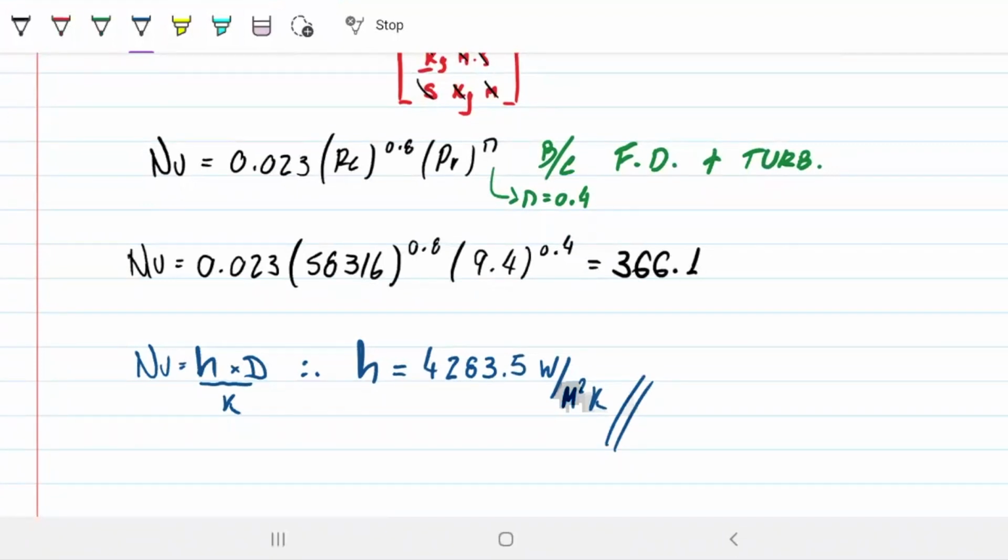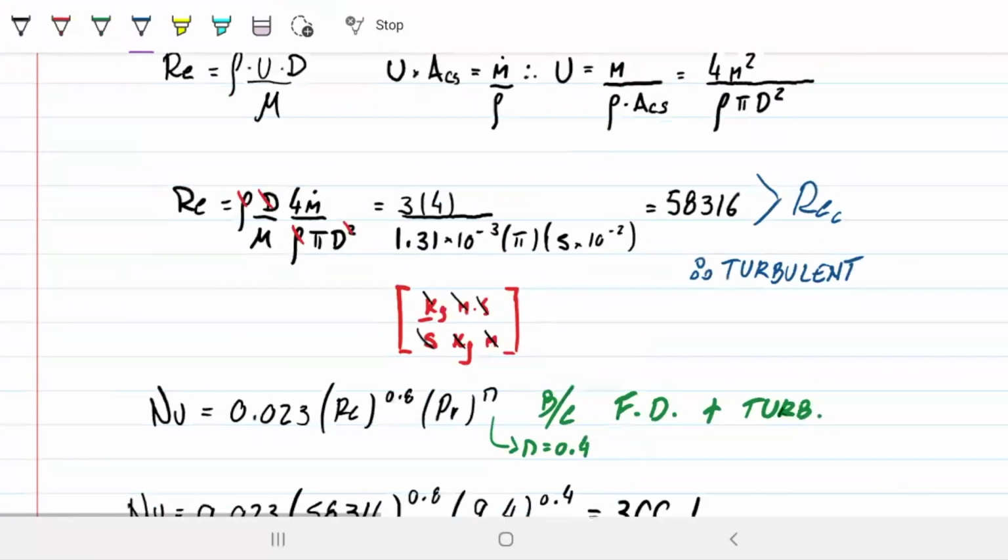All right, so now that we have that, we can go ahead and try to solve how much energy the fluid takes up. So how much energy is needed to take water from 5 to 15 Celsius? That's what we're looking for.